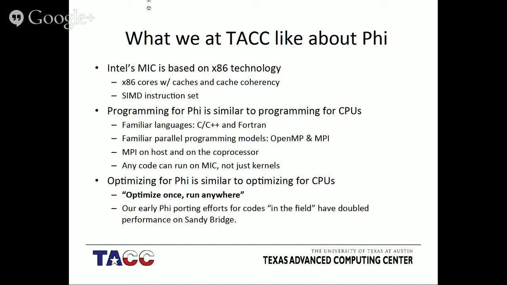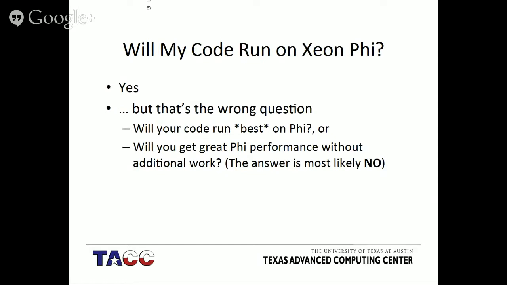That is basically the backbone of any code that runs on a cluster. But for your threads, you can use OpenMP, which is the most widely used thread-based programming model. And then the good thing is you optimize for the Phi, and then you also gain speed on the host.